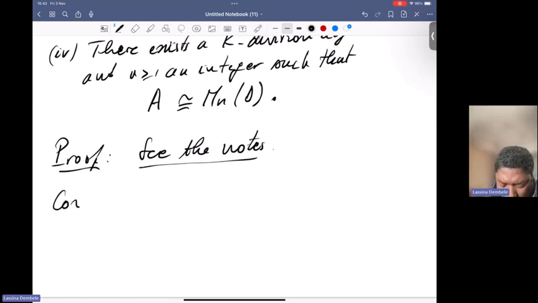So the first corollary of what we just proved is the following.